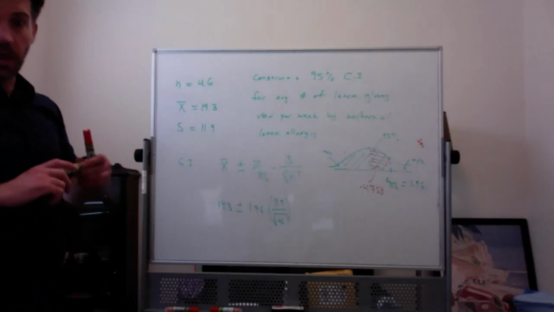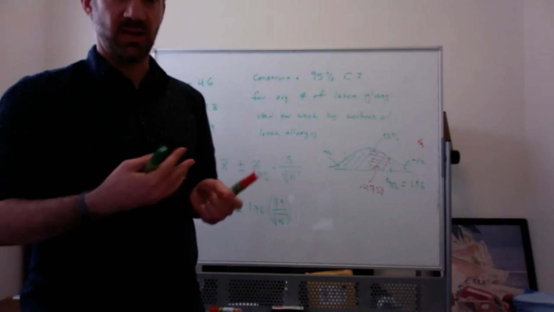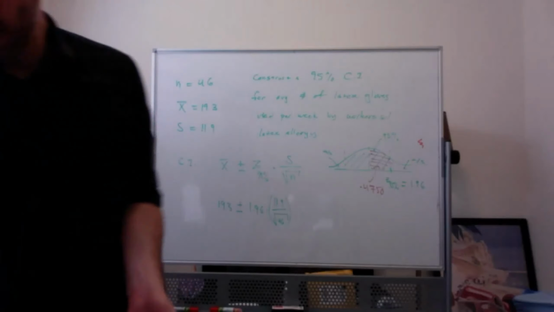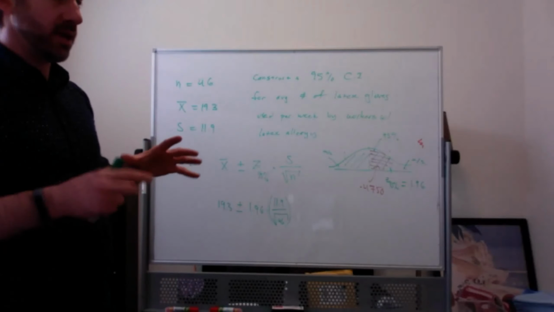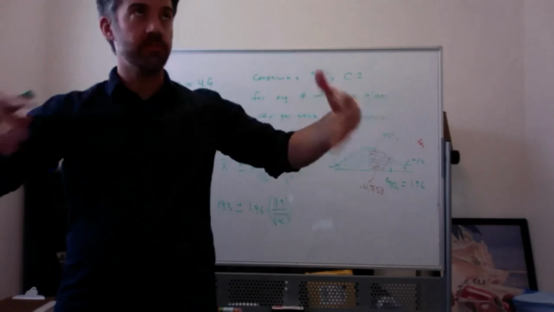And again, a reminder. The reason you're using the standard deviation divided by the square root of the sample size is because when we're talking about how the mean is distributed, it's not distributed as variably as the actual data points.